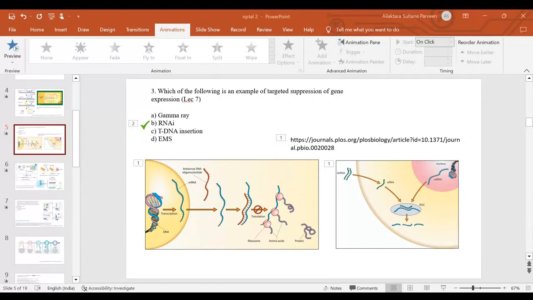The important thing here is that you're targeting a specific RNA, because to target this RNA, you should know the sequence of this RNA or the DNA, so that you can specifically target gene X or Y. So this is known as RNA interference. That's how we are doing targeted suppression of gene expression, right?